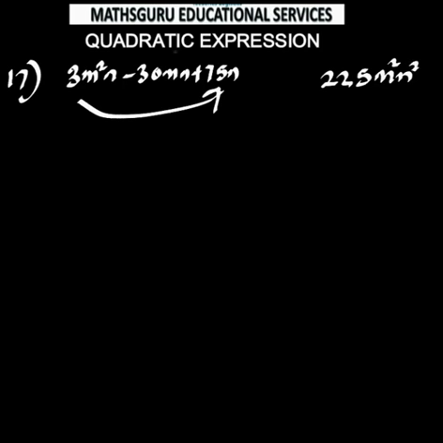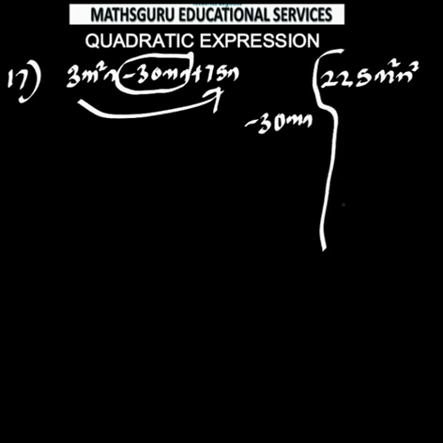Okay, and the middle expression here is negative 30 mn. All right, let's look out for the factors of 225 m square n square that when we add or subtract, we're going to have this.